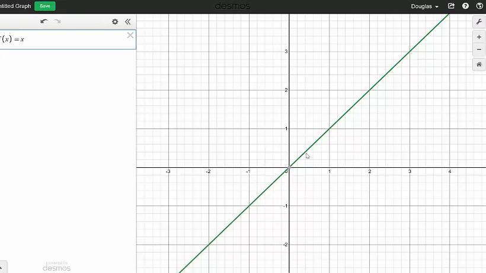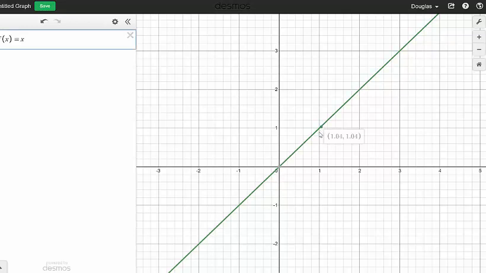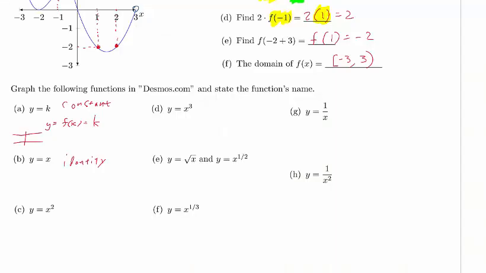It does not matter what value of x you plug in, the output value for y is always exactly the same. So that graph basically just looks like that.